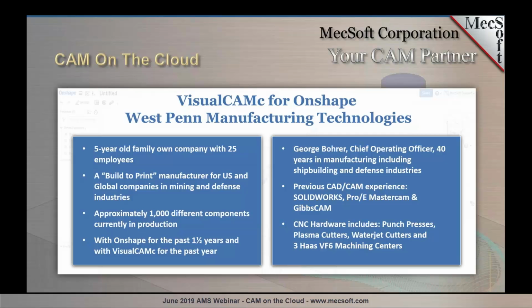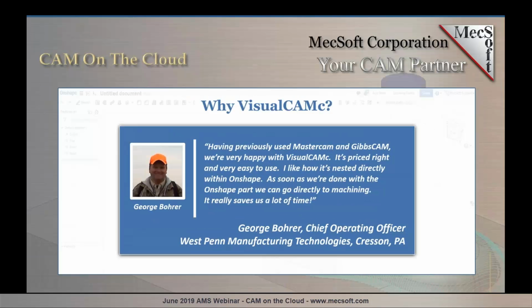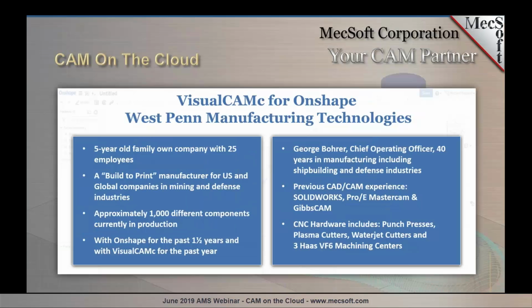So, like I mentioned, Uday, go back to the previous slide for just a moment. George, his previous experience has been all with SolidWorks. In his previous CAM experience prior to Onshape, he was using SolidWorks, he was using Pro-E, and also using MasterCam and GibbsCAM for his machining.